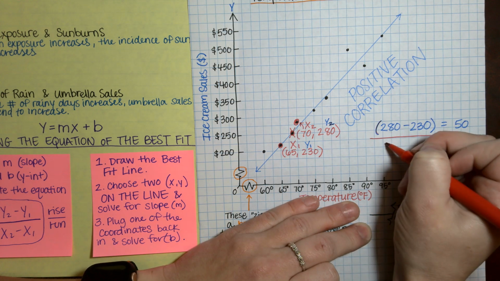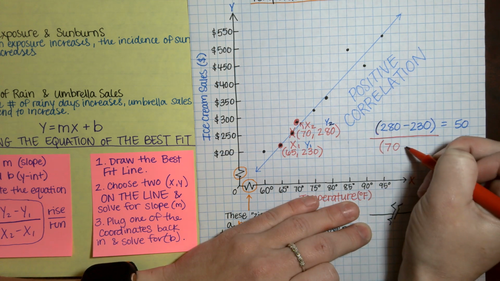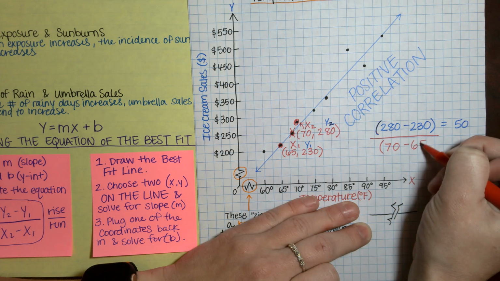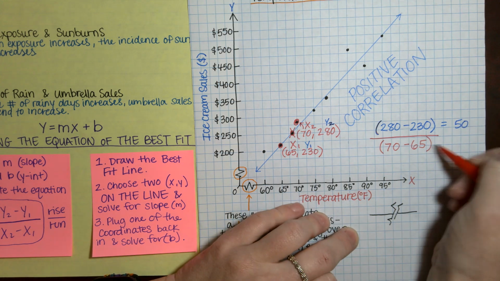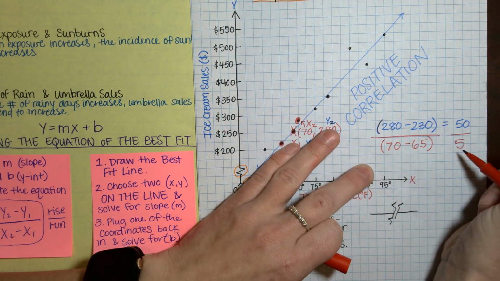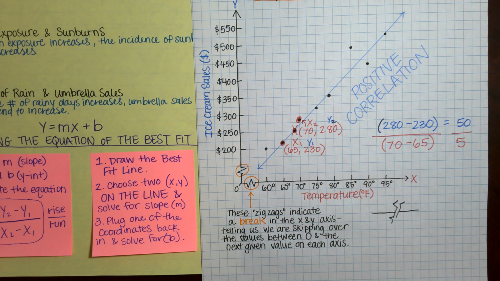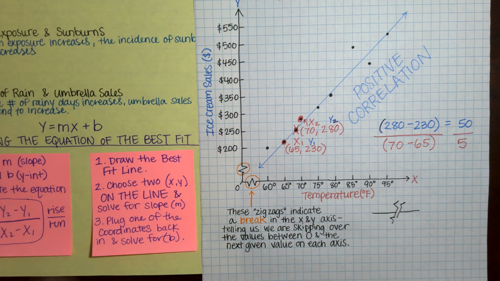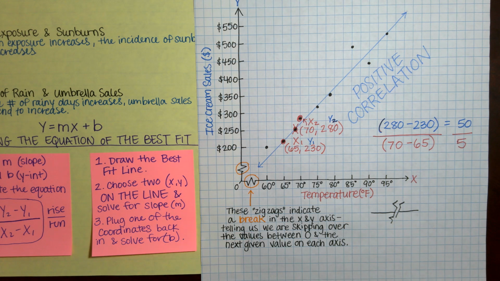Okay, so 70 minus 65 is going to be 5. Now, Erica, this would be an excellent method of finding the slope of, where's my ruler? Here it is.